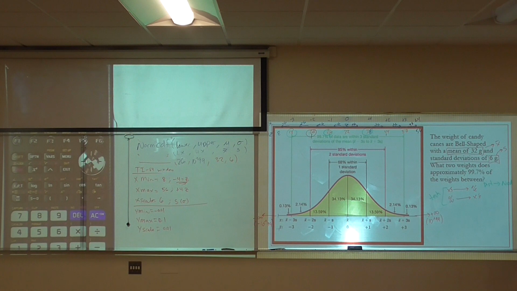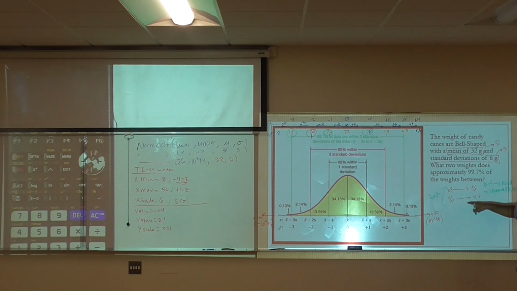That led us to the formula for the normal CDF, where we had our lower, our upper, our mu, and our standard deviation. That's what we had there, and we saw that earlier.